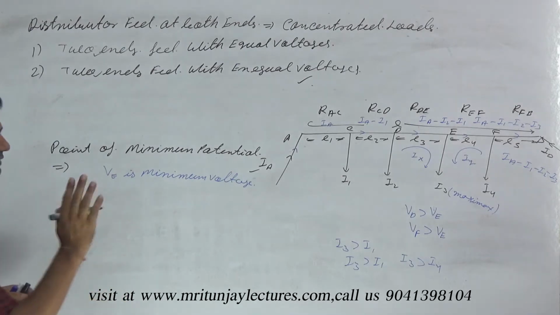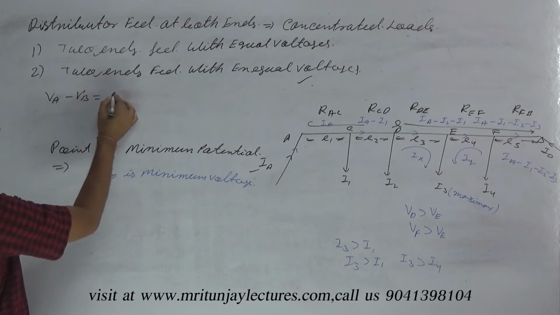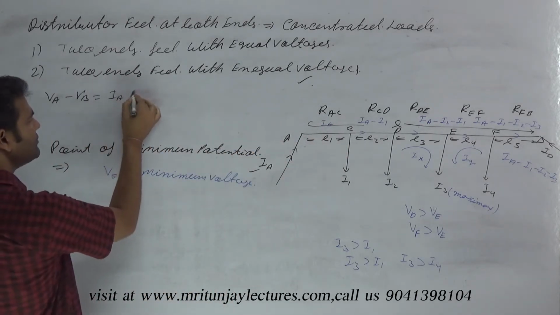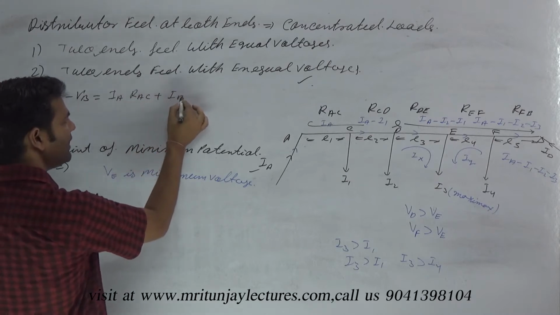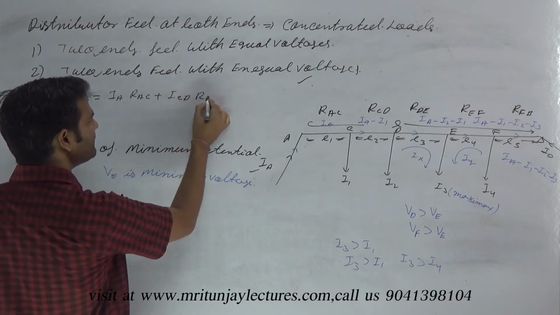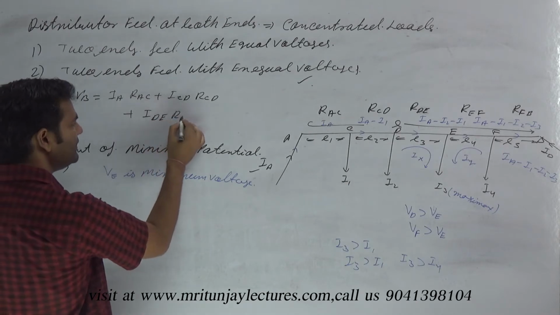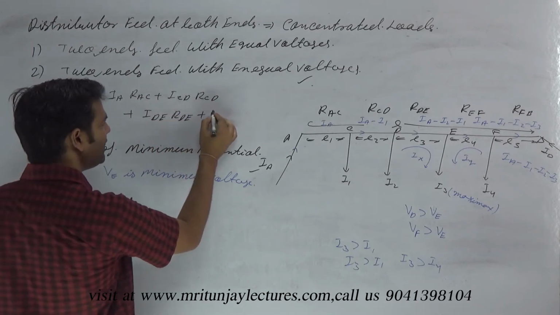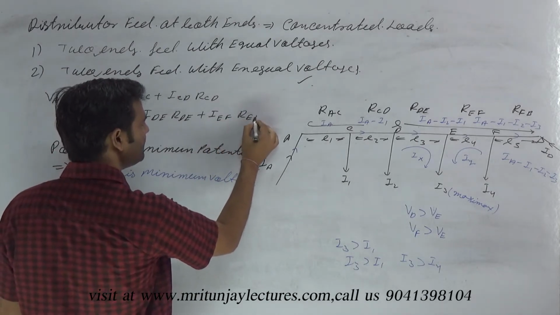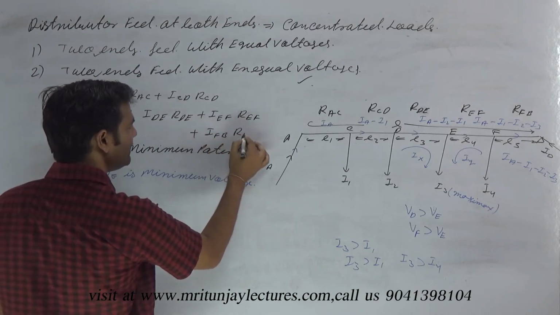So first of all determine IA. VA minus VB is equal to IA into R of AC plus I of CD into R of CD plus I of DE into R of DE, and again I of EF into R of EF plus I of FB into R of FB.